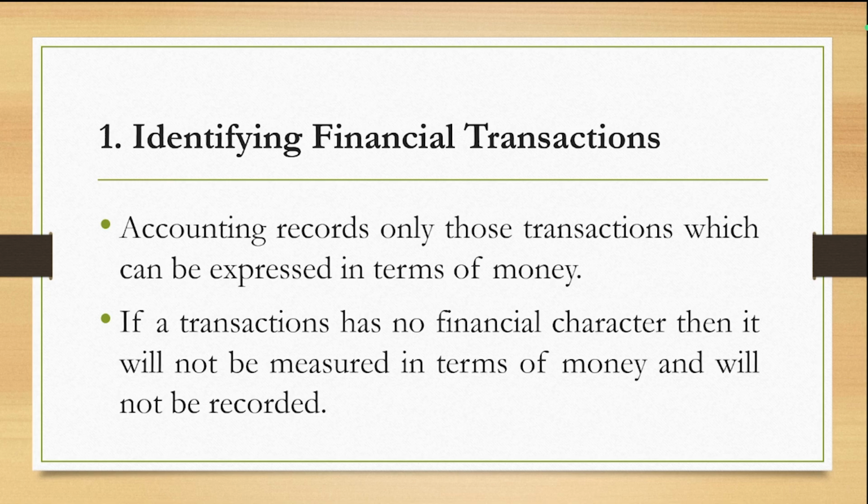So accounting records only those transactions which can be expressed in terms of money. If a transaction has no financial character, then it will not be measured in terms of money and will not be recorded in financial accounting.